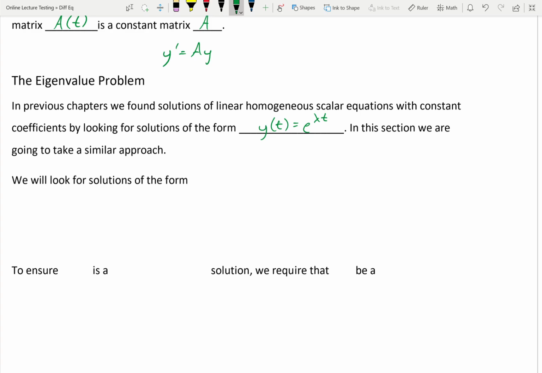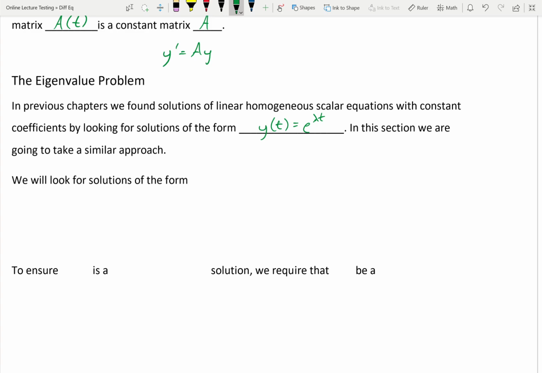All right. And there were a couple of things that we got from that. That was the characteristic equation that came in, and we solved for those, and then found out that that was actually what generates our solutions and eventually gives us the general solution to the homogeneous scalar equations. So that's the approach that we're going to take with these guys.